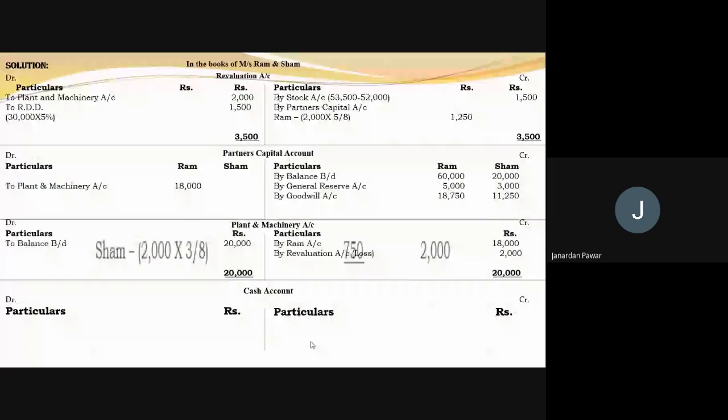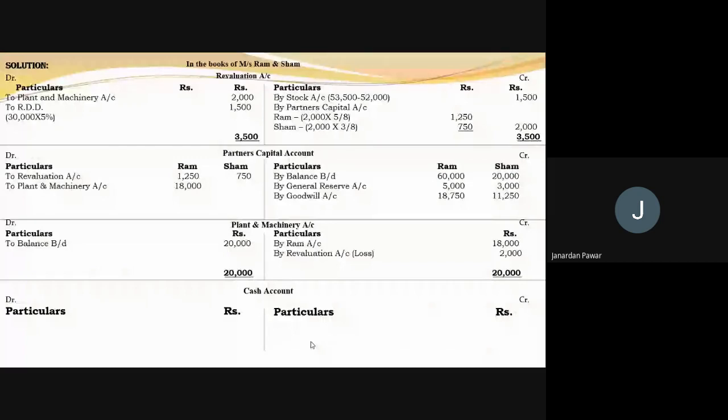So for Ram, 2,000 into 5 divided by 8, rupees 1,250, and for Sham, 2,000 into 3 divided by 8, that is rupees 750. That is the total loss, rupees 2,000. Okay, and this will be transferred to the partner's capital account. You can see on your screen the revaluation account, rupees 1,250 and 750.